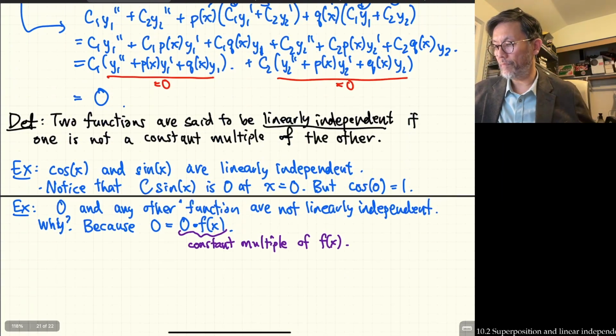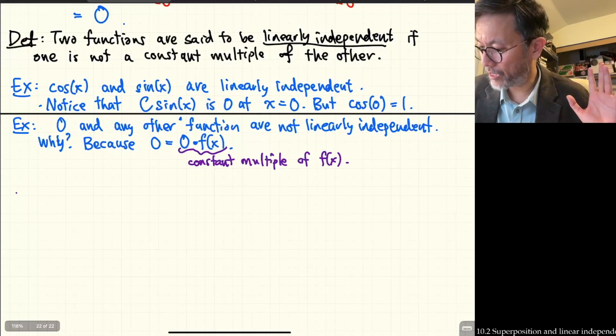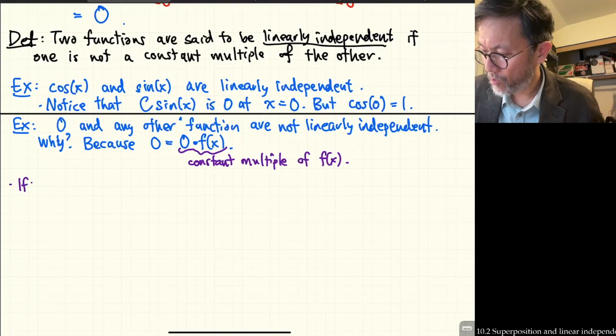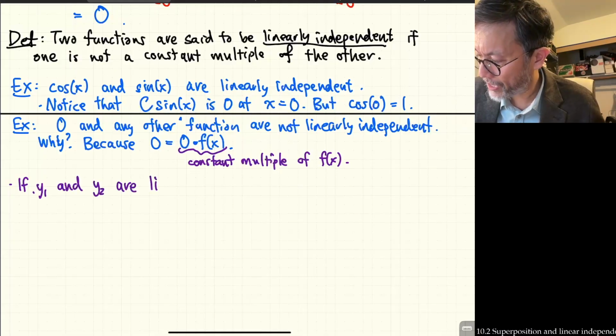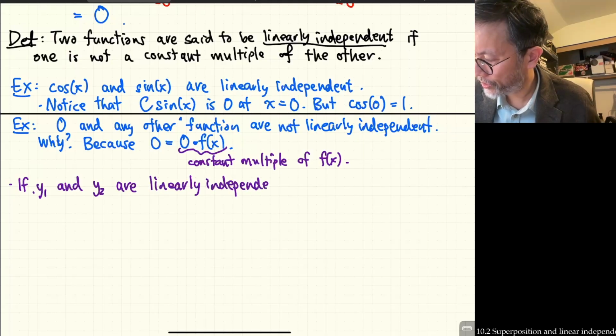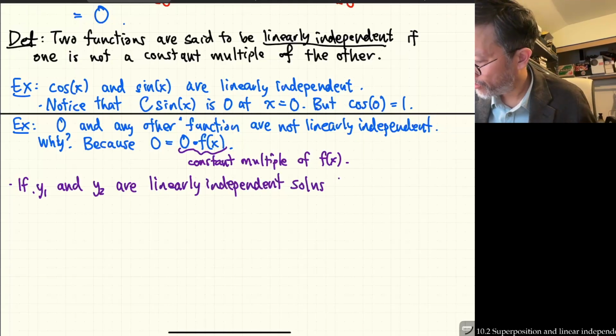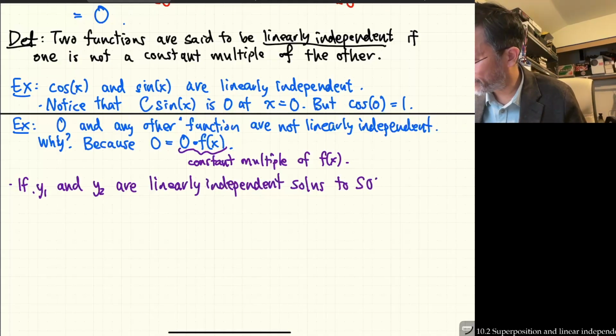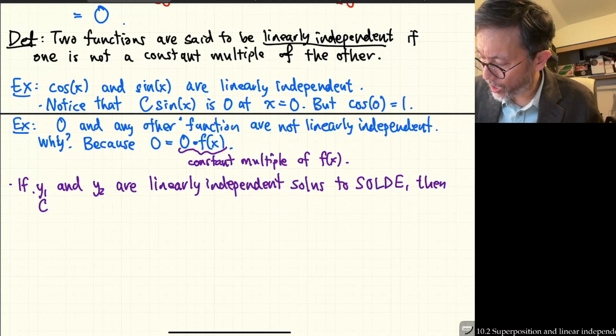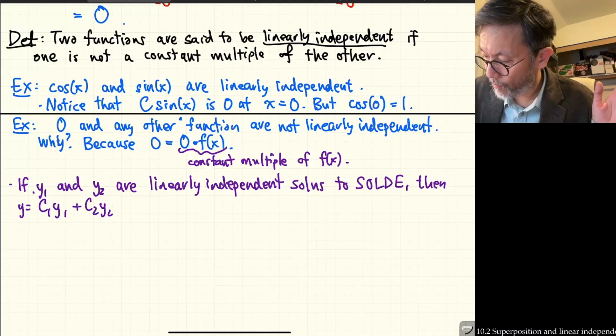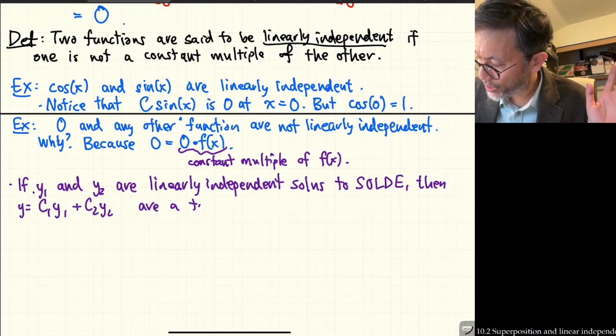So in particular, here's the point about linear independence. If y1 and y2 are linearly independent solutions to a second order linear differential equation, then c1 y1 plus c2 y2, that is to say the superpositions, are a two-dimensional family of solutions.